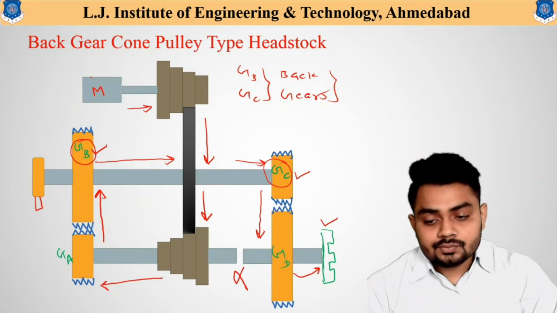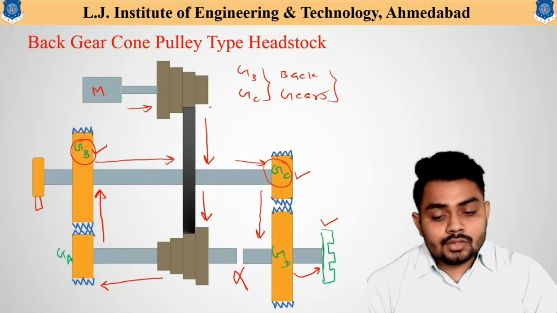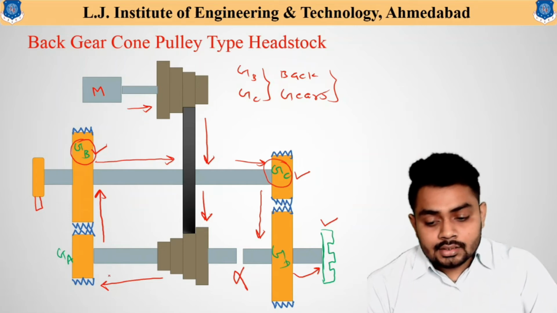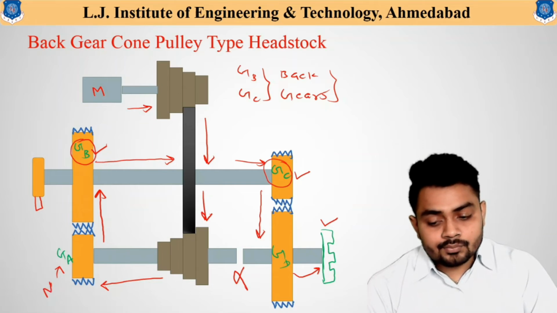Suppose from this particular pulley arrangement, the RPM transferred to this gear A is N RPM. Now let us take an example.